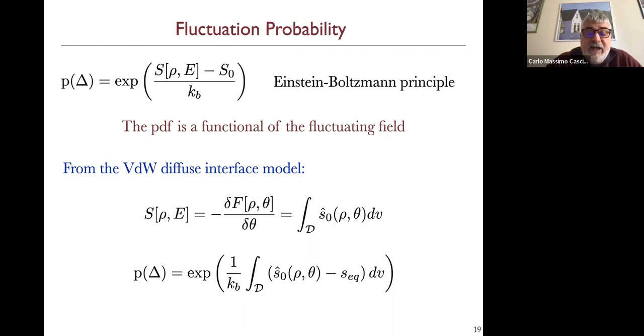And as a consequence, now you have an explicit expression for the probability of a fluctuation, given as the exponential of the integral of this entropy density, which is now completely defined by our van der Waals model, equipped with an equation of state for the free energy density of the fluid.